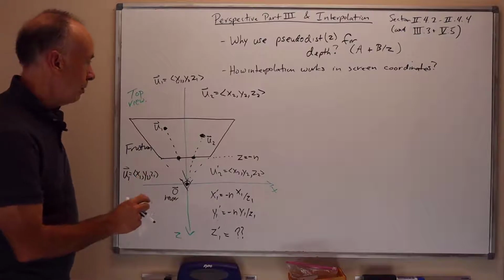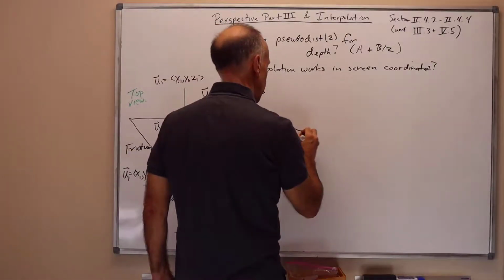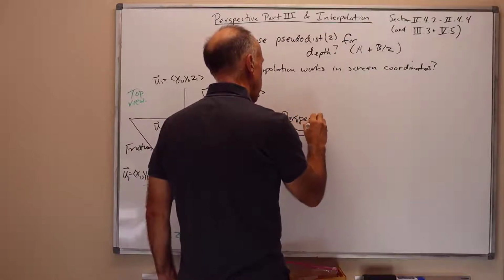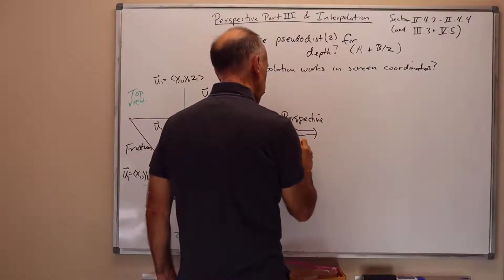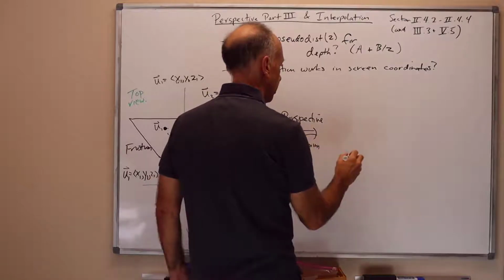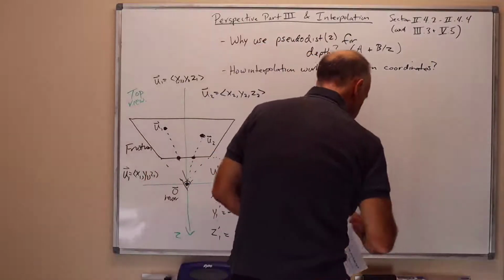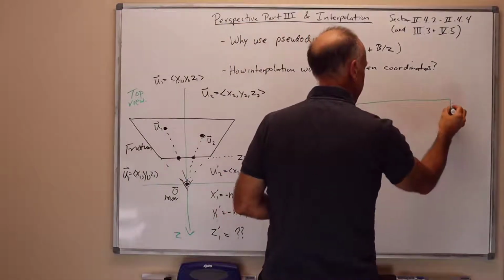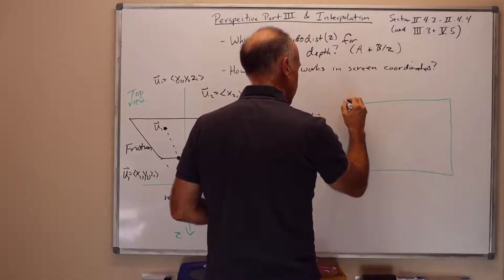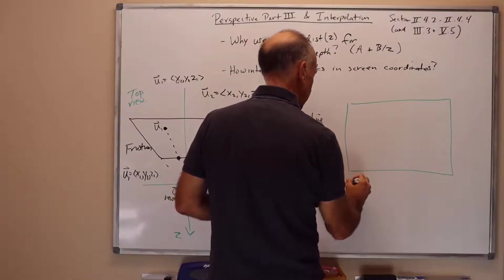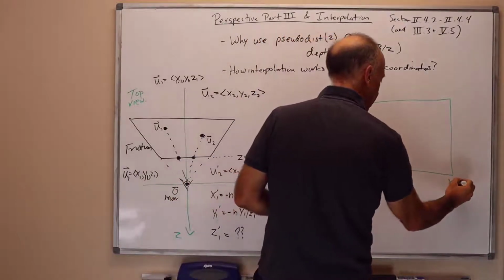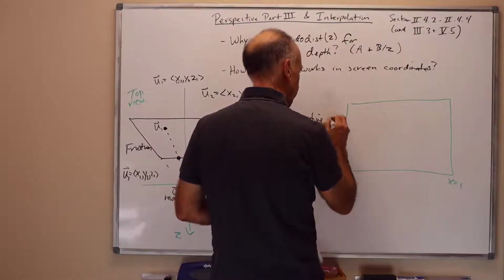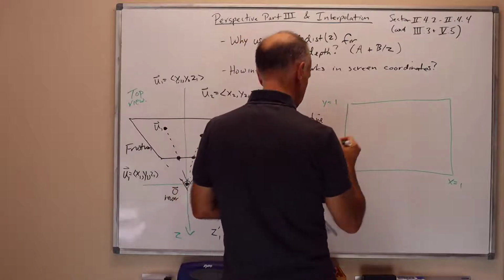What happens with the perspective transformation is that this gets mapped to screen coordinates. So over here I'm going to have the screen, but I'm going to do a front view on the screen. So here's the screen, the monitor, where the image is being displayed. And so we have x equals minus 1 on the left-hand side, x equals 1 on the right-hand side, y equals minus 1 at the bottom, y equals 1 at the top.